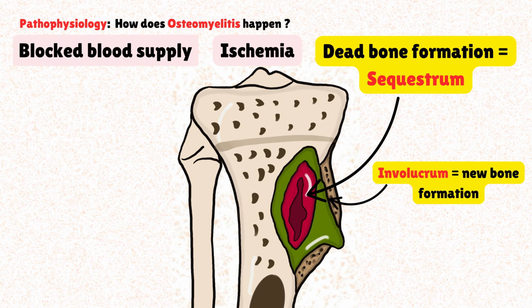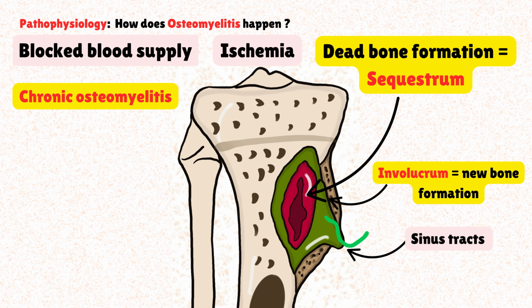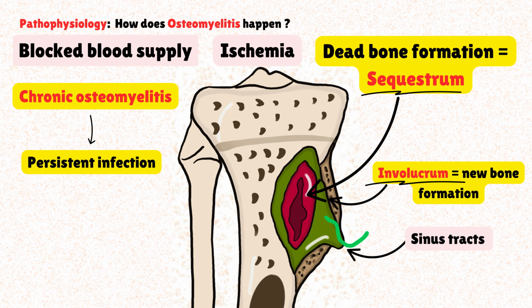Sometimes the pus even tunnels its way through the bone and soft tissues, forming sinus tracts that drain outside the body. When we talk about chronic osteomyelitis, it's usually a persistent infection with symptoms that come and go. The presence of those sequestra and involucra makes these infections incredibly stubborn and hard to treat.